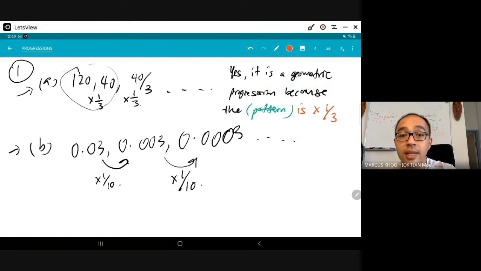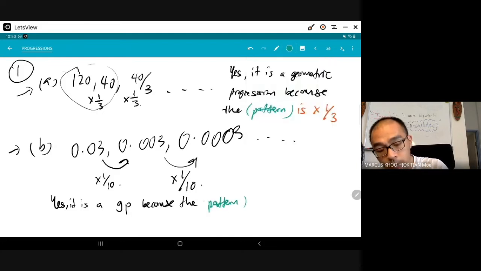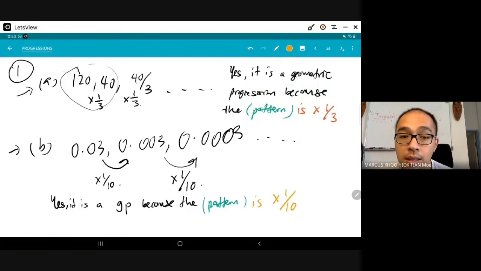Okay, yes, it is a geometric progression because the pattern is multiplied by 1 over 3. This one also the same thing. Okay, how do we write this? We say, yes, it is a geometric progression because the pattern is times 1 over 10. Okay, this is how we will write this.